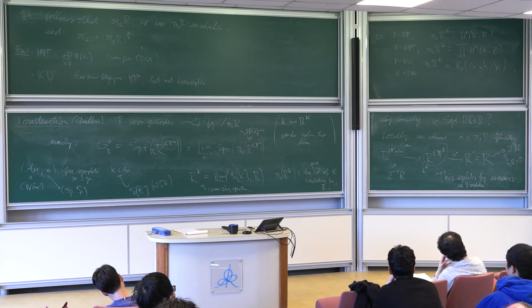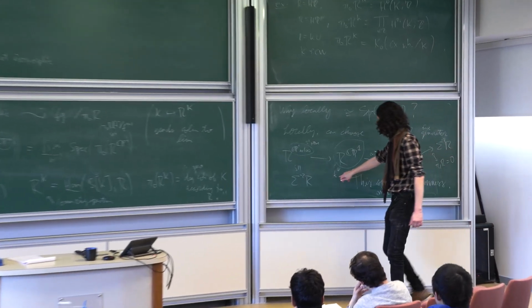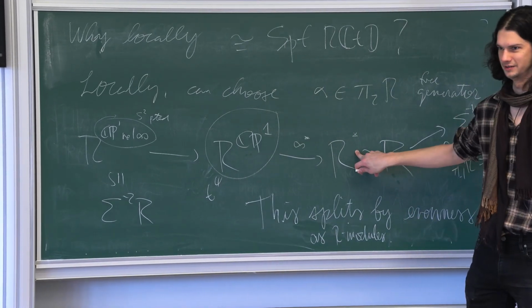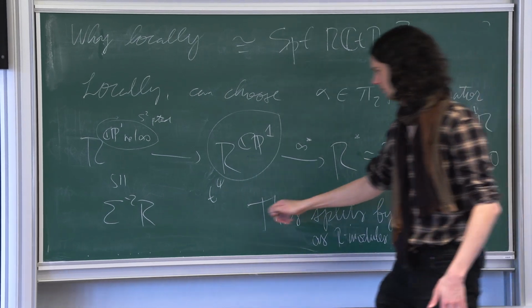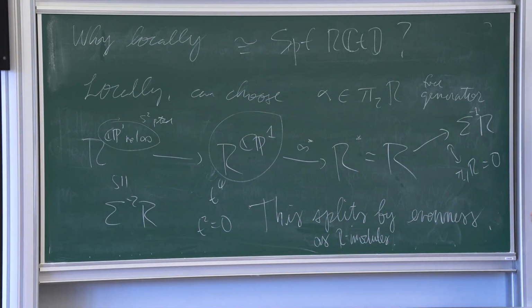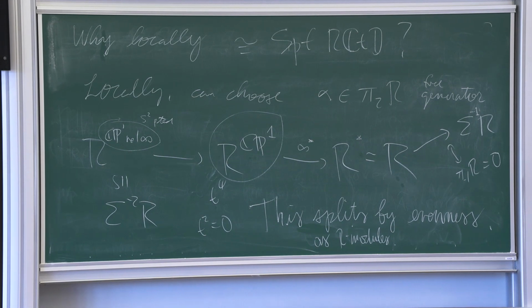Yes, that's right. So we choose a class T, which goes to 0 under restriction to infinity. And then you want to claim that T squared is equal to 0. But also when you go to CP2, you want that T squared is the one that you get in CP2. Yeah, that's true as well.